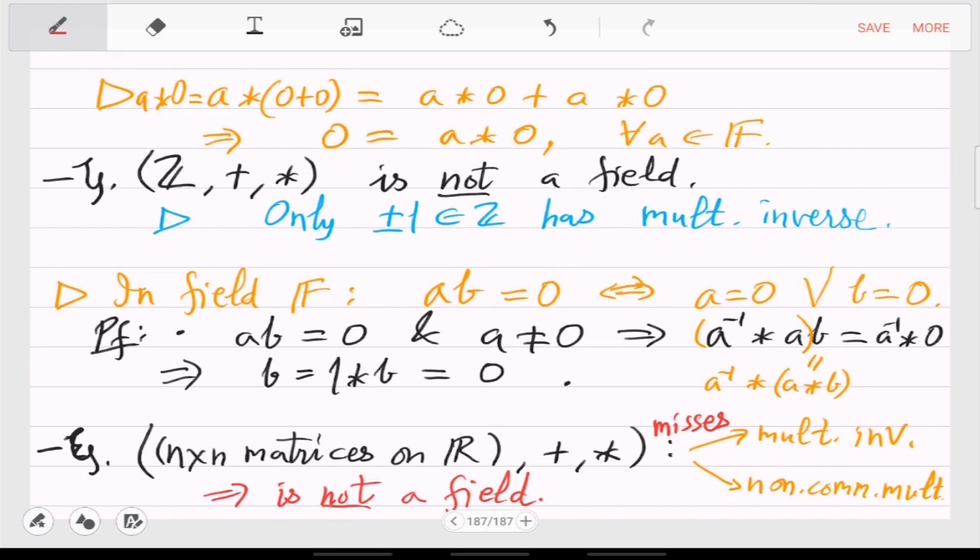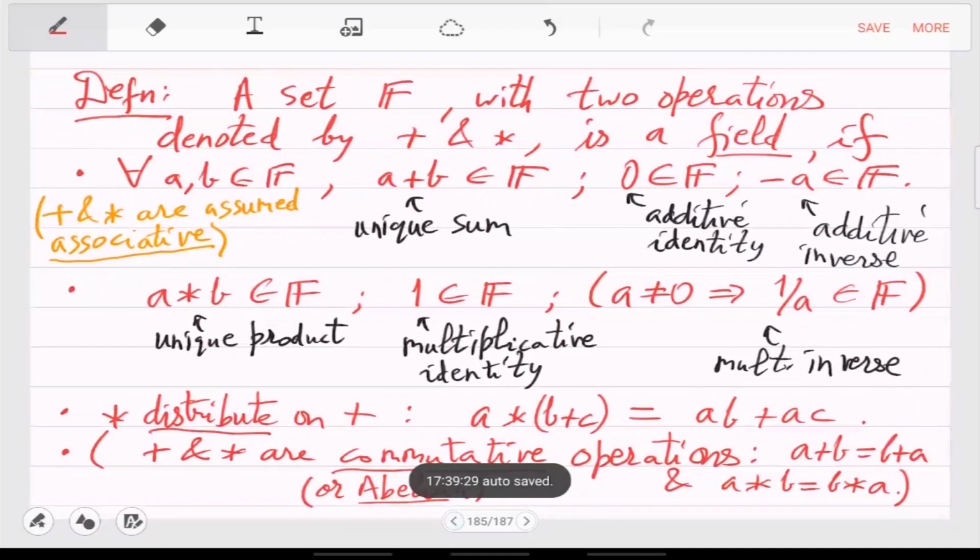So I don't want to give the axioms again, but such things where you have all these axioms which this set of matrices satisfy, it's called a ring. Okay, so it's not a field, but it's a ring. So a ring basically has to satisfy most of the axioms, but not all.